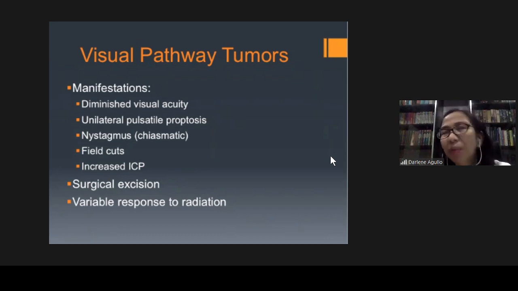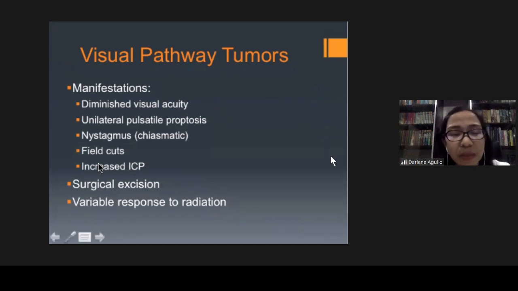Masaya, no, pag ma-elicit mo yung bitemporal hemianopsia. So chiasmatic ka agad yung localization. Pero pwede kang mag-quadrantanopsia, homonymous hemianopsia, etc. So very localizing din if ma-elicit mo yung mga field cuts.